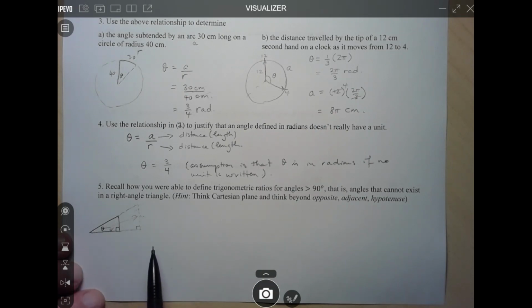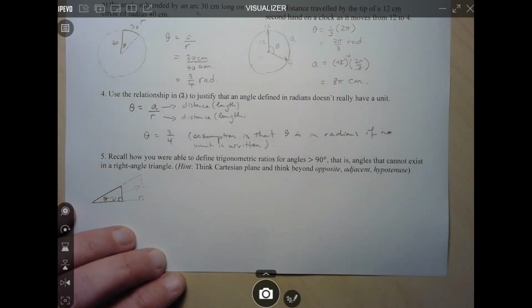So what I want you to think about is how we were able to define sine, cosine, and tangent for angles that could not be drawn inside a right angle triangle. Take a couple of minutes to try to remember and write down everything you know about how we used to define these angles. All right, so we're back.